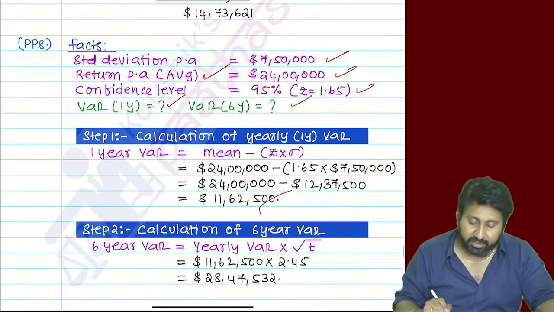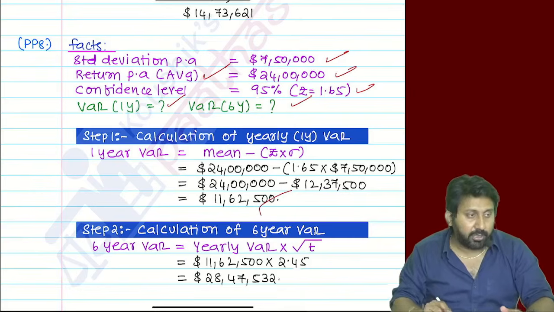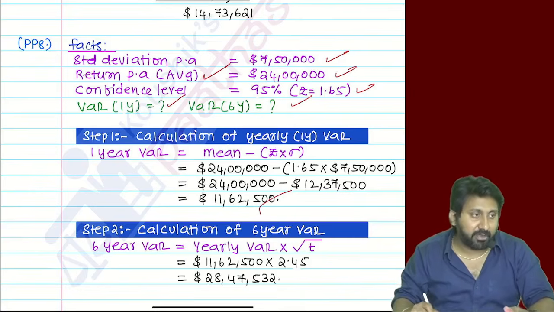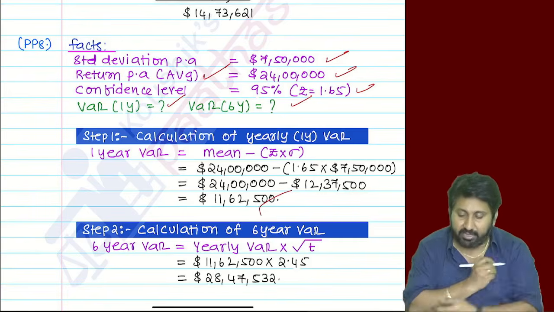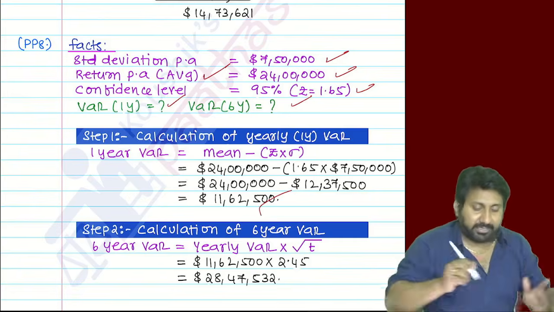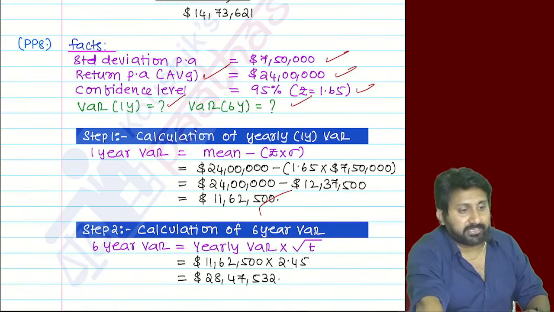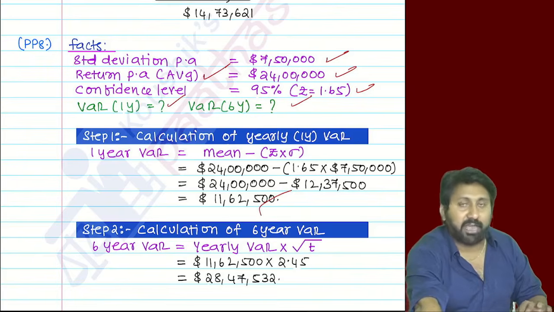You multiply and you will get the 1 year VaR. Then multiply by root t, root 6, to get the VaR for 6 years, which is 28 lakh 47,532. That's it. These are all the various types of questions that one should understand within the topic called Value at Risk.